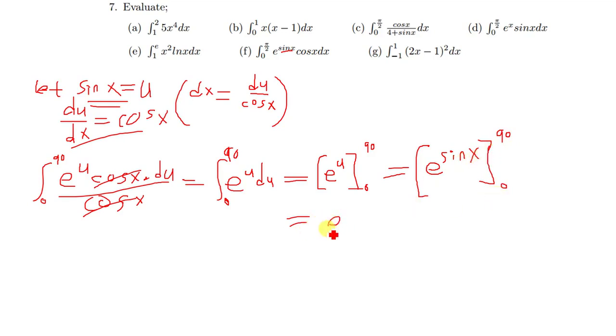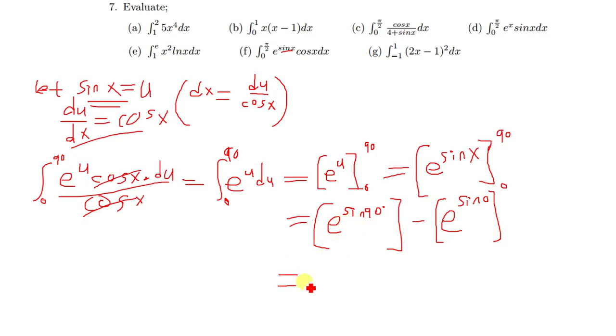So we're going to have e raised to power sine 90 degrees, then minus e raised to power sine 0. We all know that sine 90 is just 1.